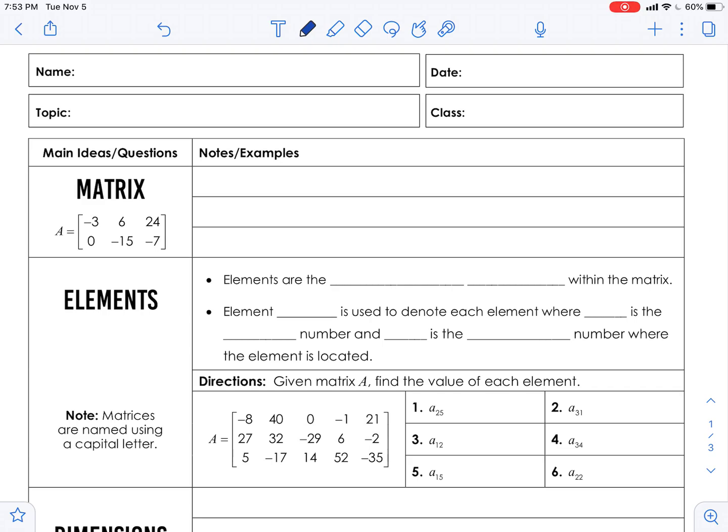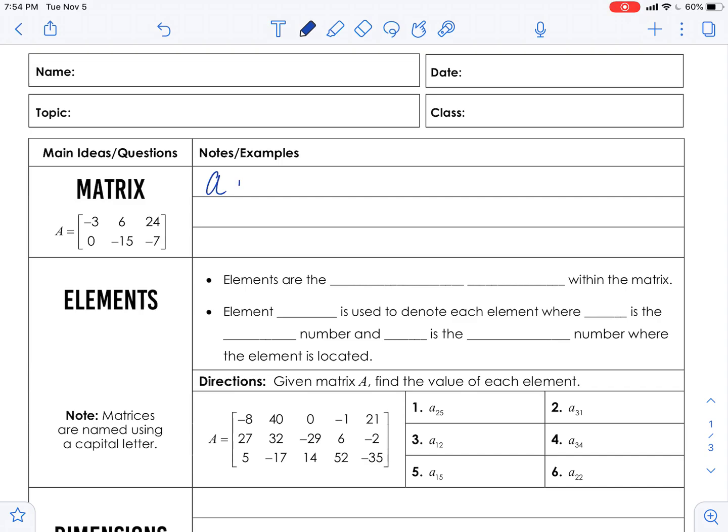But a matrix is simply a rectangular array of variables or constants in rows and columns, usually enclosed in brackets. So let me go ahead and get that down.